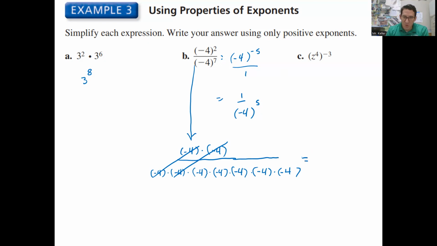So because we have more -4s on the bottom, the exponent ends up on the bottom. That's how I like to think about that one.